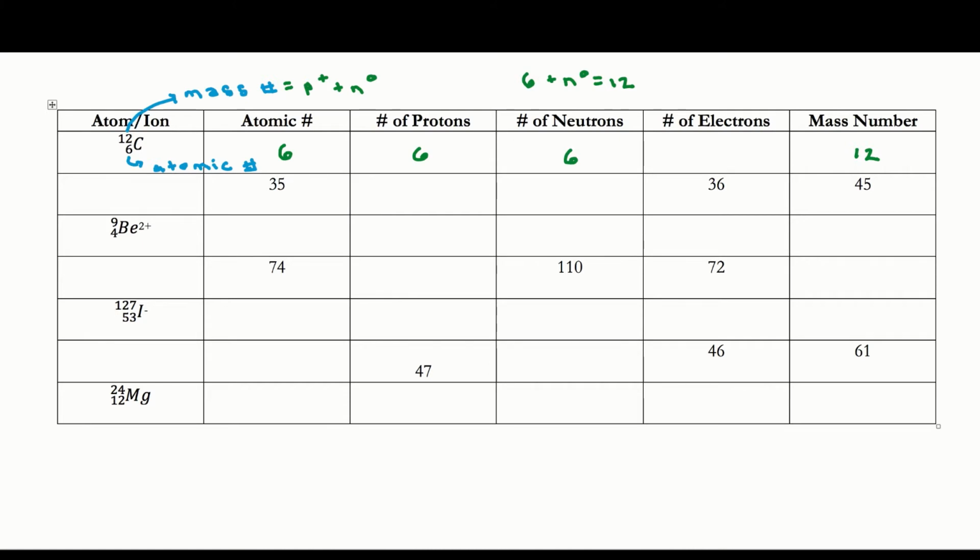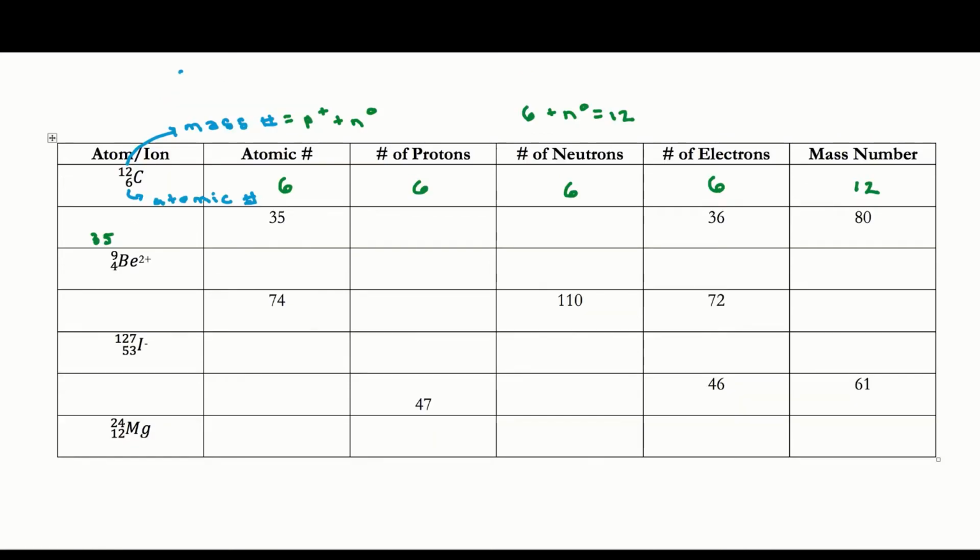Number of electrons. Remember, the number of electrons is dictated by the charge or lack of charge of your atom or your ion. So here, notice carbon has no charge. Well, if it has no charge, that means it has the same number of protons and electrons. So since it has 6 protons, that means it must have 6 electrons.